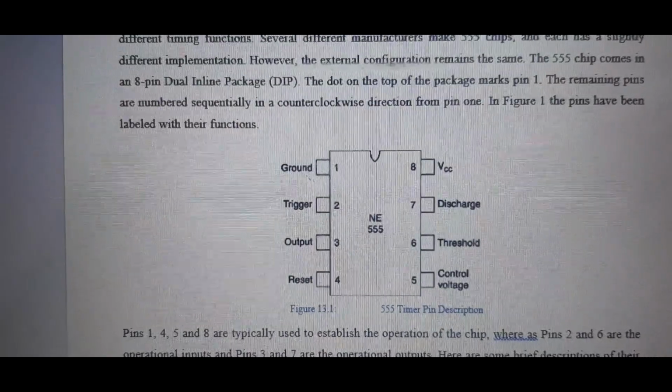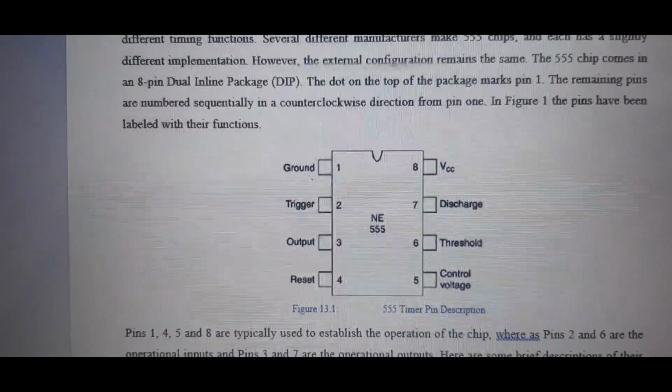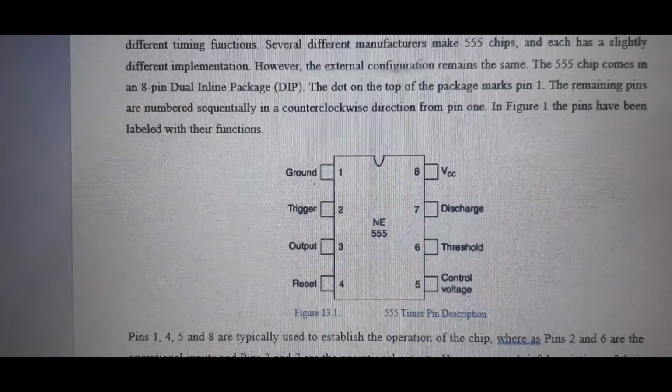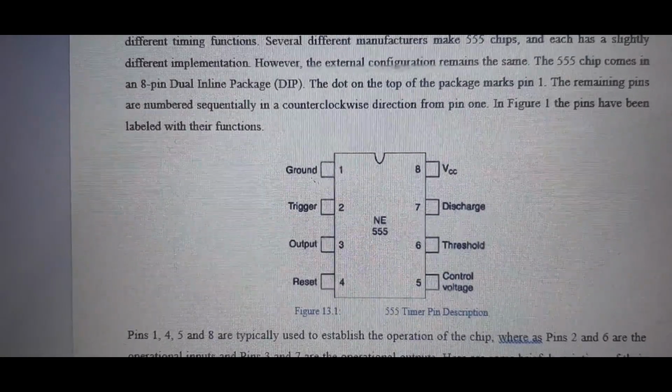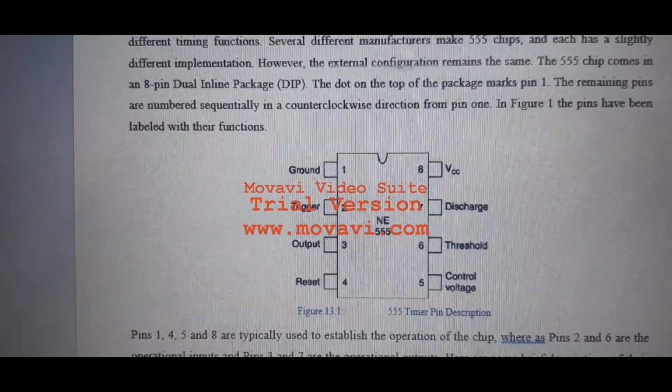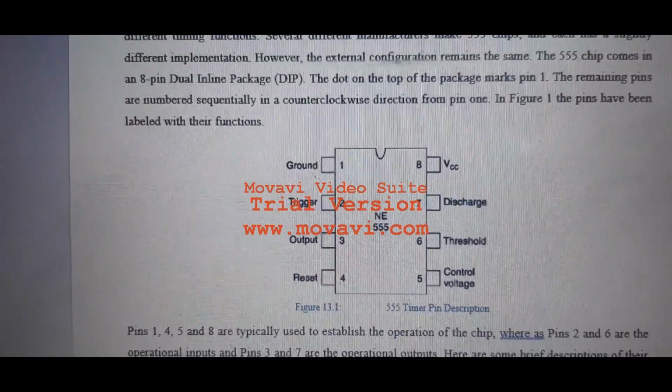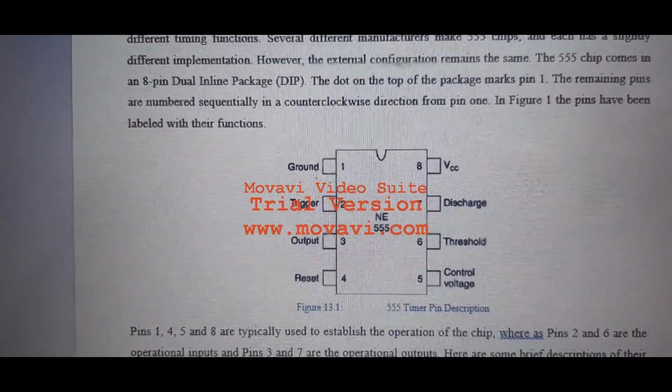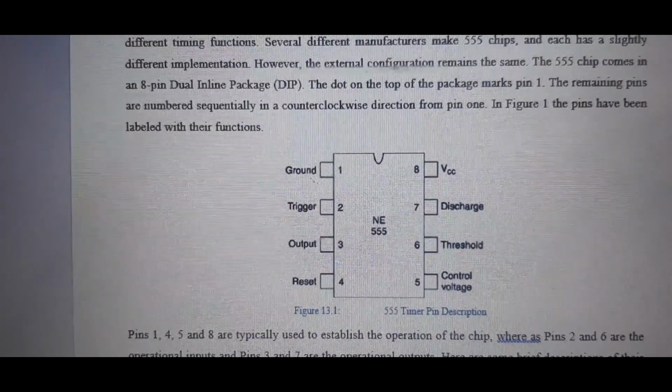Pin 5 is for voltage control, and it is used when you have any spikes or noise in your output. Pin number 6 is for threshold, 7 is for discharge, and pin number 8 is the VCC supply.